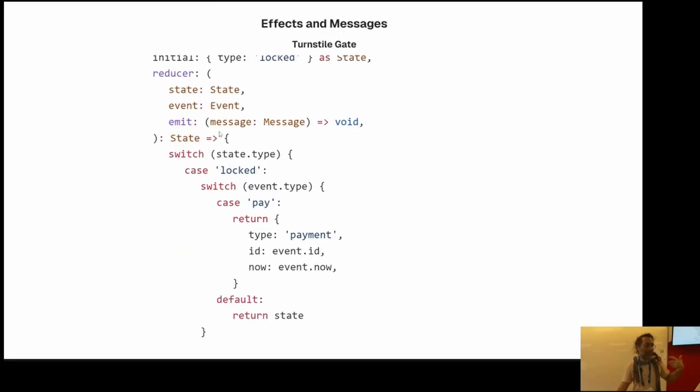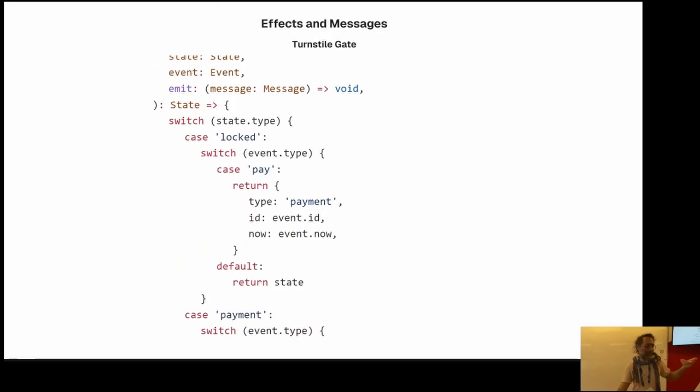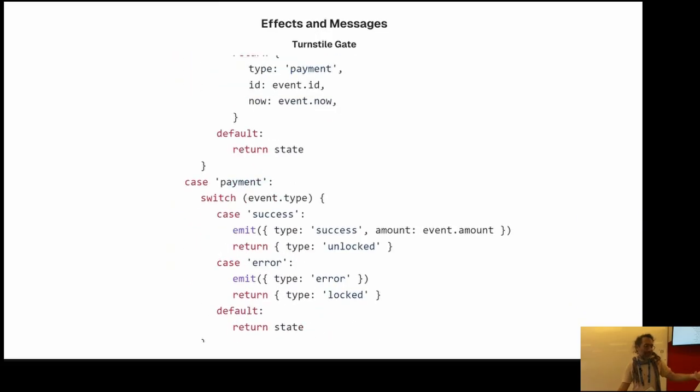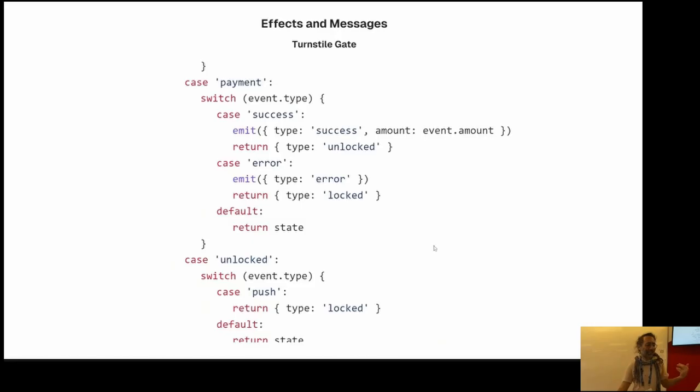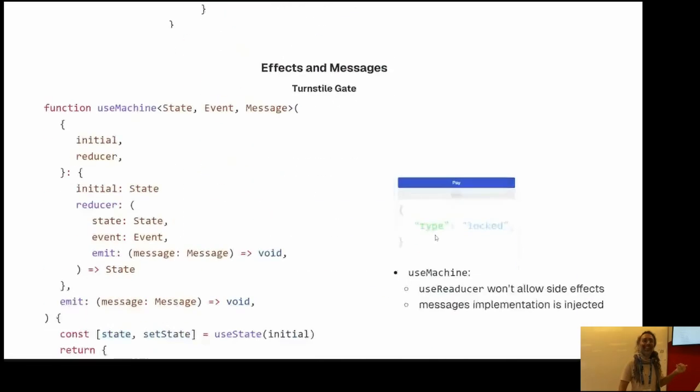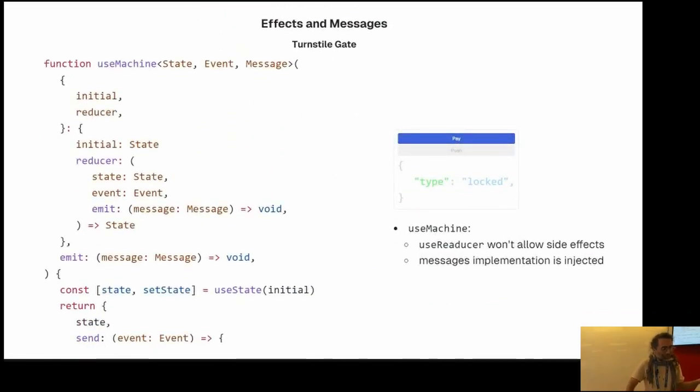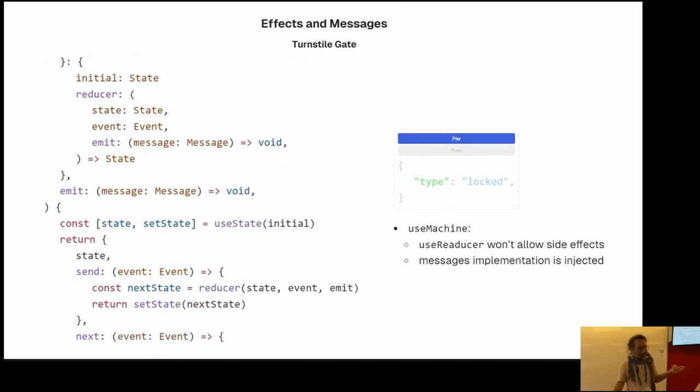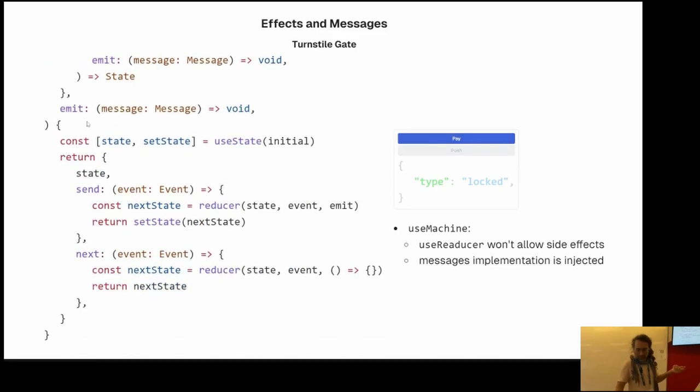So the reducer here, on the success event, is emitting a message and returning directly to the unlocked state. That way we avoid having a controversial junk state. And so, yeah, here it is.